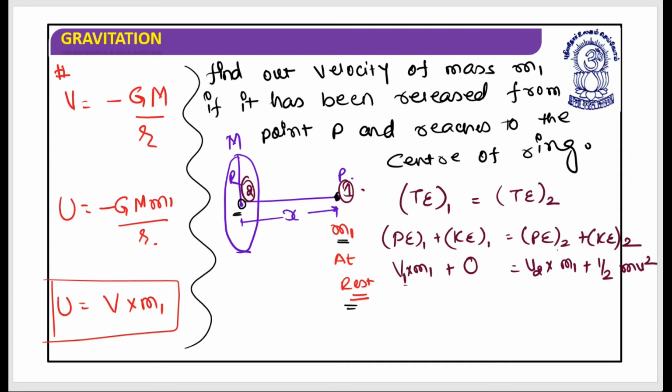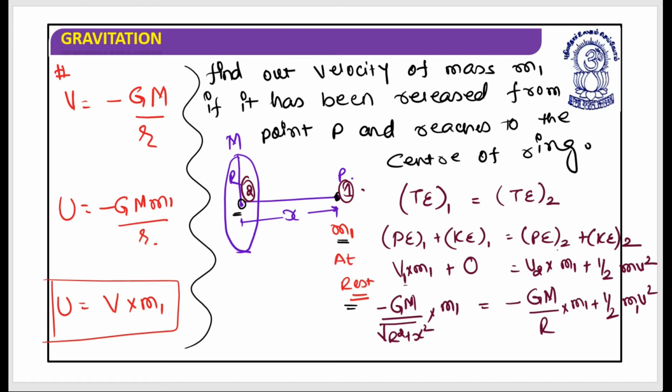Now what is potential at this location? It's minus GM divided by root of r square plus x square, multiplied by m1, that is V1. This equals minus GM divided by r multiplied by m1 plus half m1 v square. I hope this is clear.